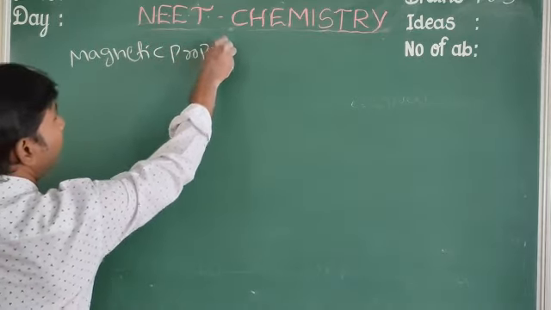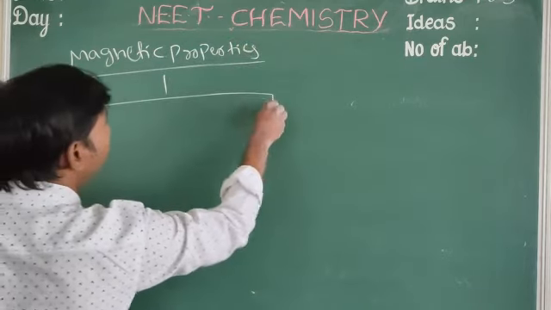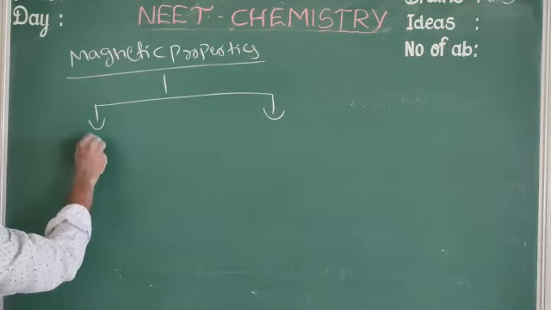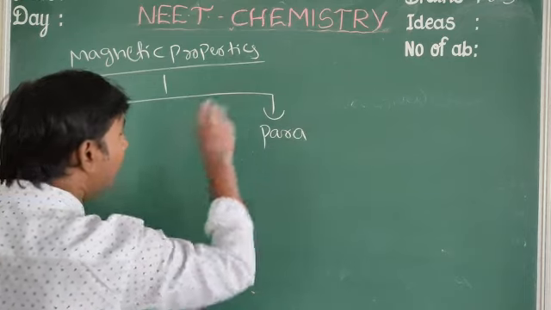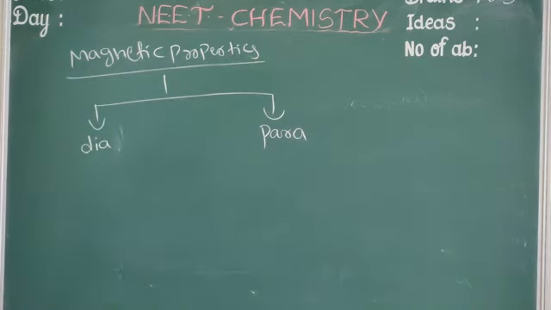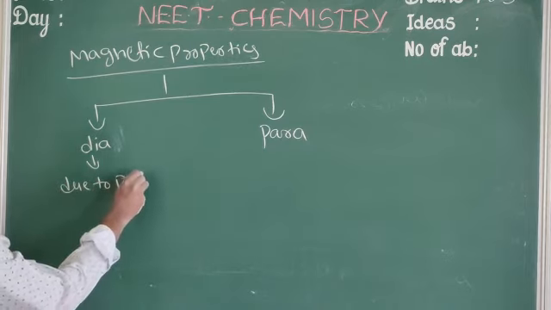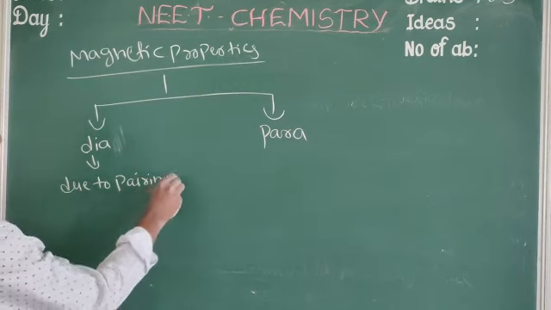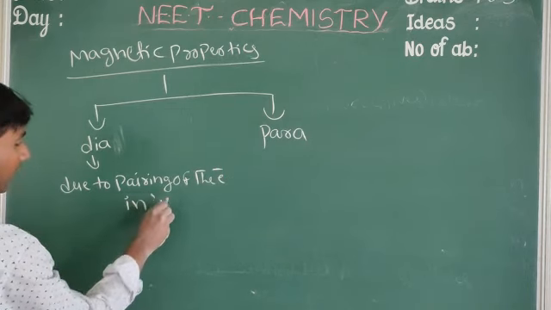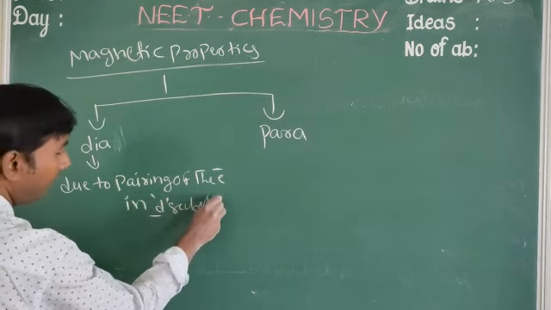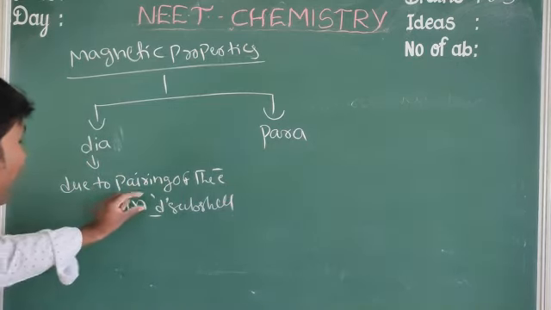Generally, magnetic properties are diamagnetism and paramagnetism. Diamagnetism is due to pairing of the electrons in the d subshell.